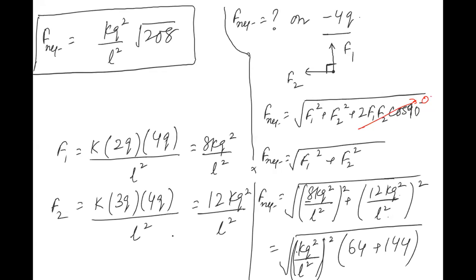Can you tell me how did you get this answer? Some of you have sent this answer as minus 20 Q square upon L square.